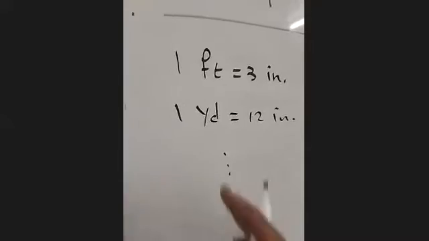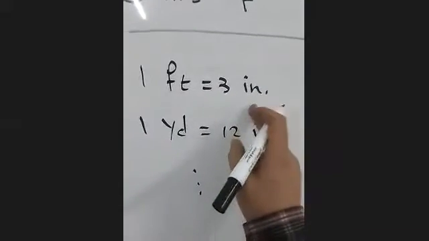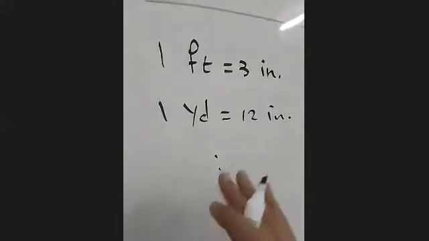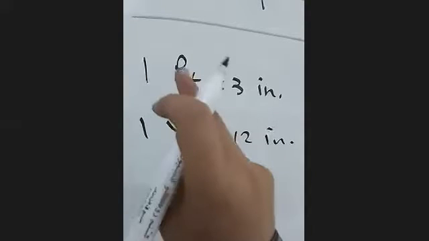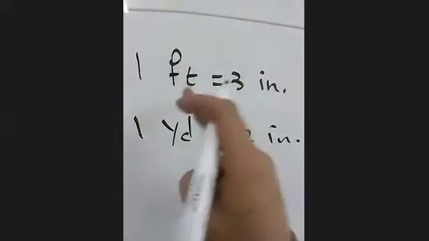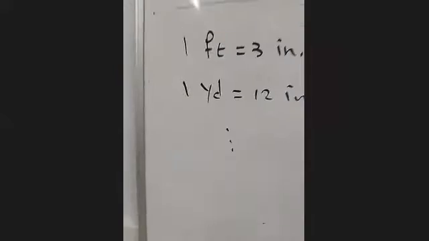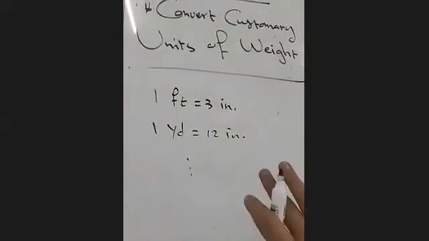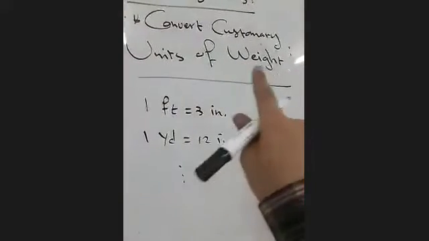We said the foot is bigger than the inch and the yard is bigger than the foot. And we said that to turn from bigger to smaller, we multiply. To turn from smaller to bigger, we divide. This is our way. Today we will take the same idea, but with a different measure, which is the weight, the customary units of the weight.